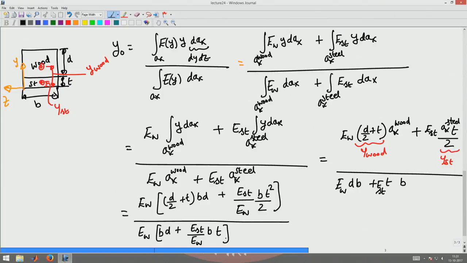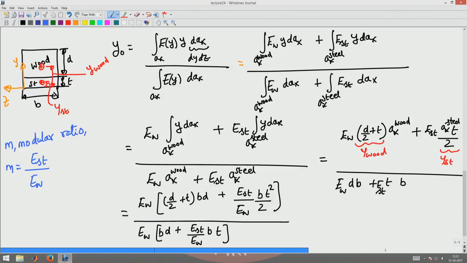Now, I want to define some factor called m. m stands for modular ratio, which in this case I am defining as E steel by E wood, Young's modulus of steel by Young's modulus of wood.